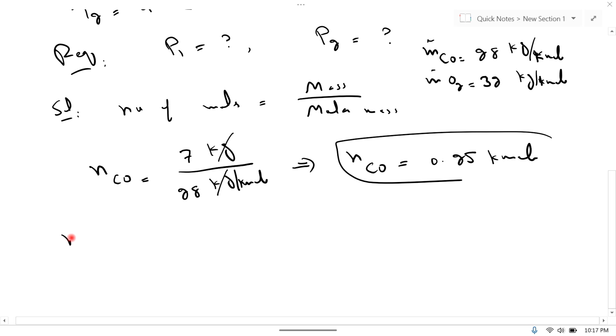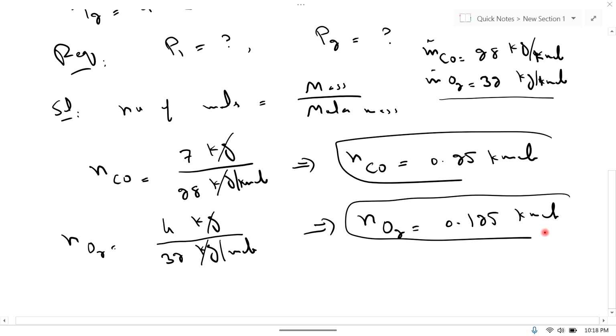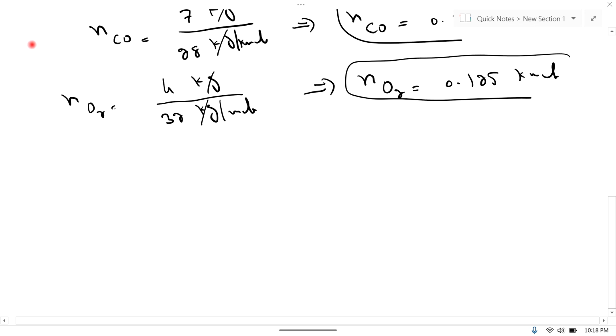Now number of moles of oxygen is equal to mass, given as 4 kg, divided by molar mass of oxygen, 32 kilogram per kilomole. Kilogram will be cancelled with kilogram. So number of moles of oxygen is equal to 0.125 kilomole.